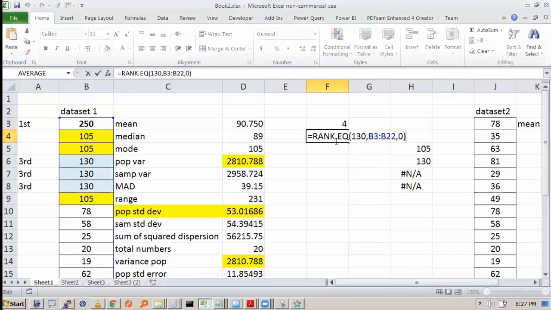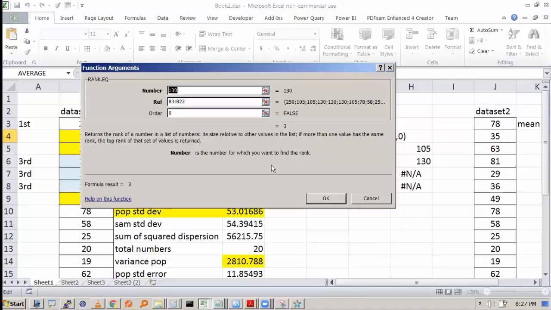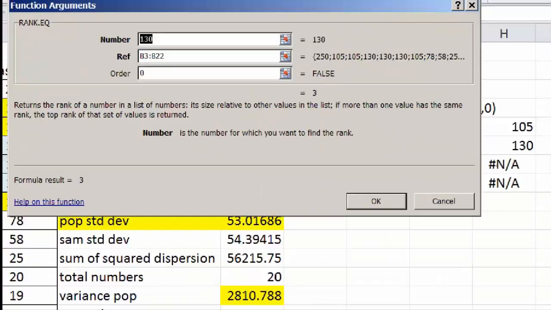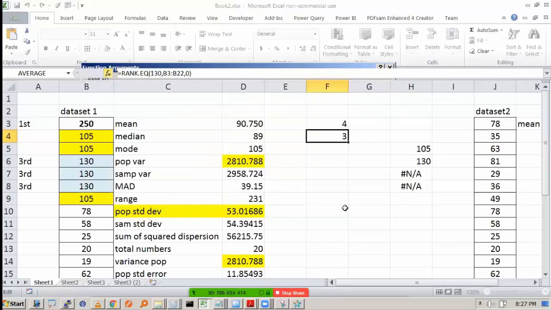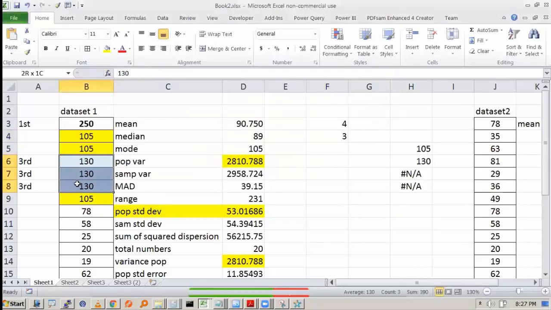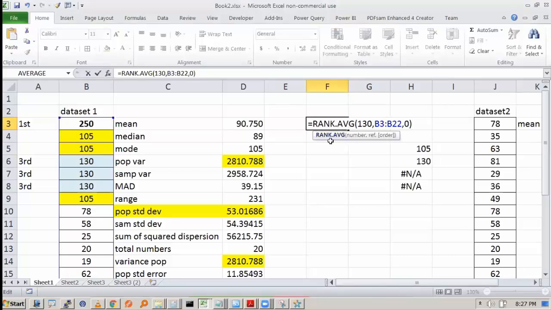Whereas with rank dot equal, if more than one value has the same rank, the top rank of the set of values is returned. I think for this, all were third, so the average will still be 3. I'm not sure how this is being computed, but we should go with rank dot equal.